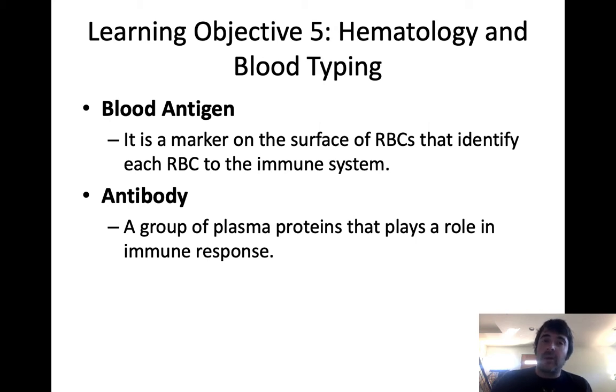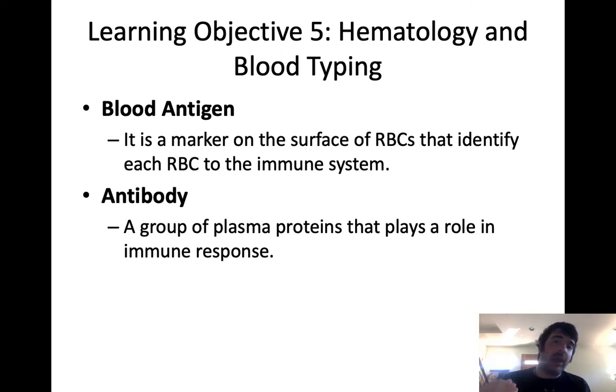Now, the reason that they're called blood antigens rather than blood markers is because they're capable of eliciting an immune response. So an antigen is just anything that can trigger an immune response. Viruses are antigens, bacteria are antigens, fungi can be antigens, your own tissue can be an antigen. An antigen is just anything that triggers an immune response.